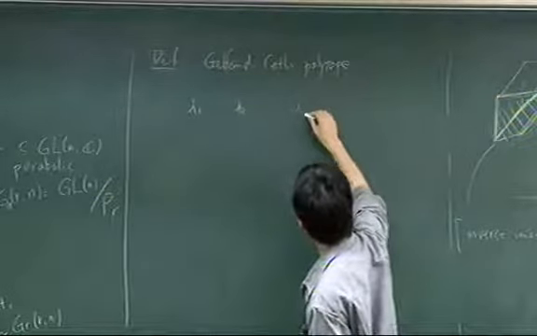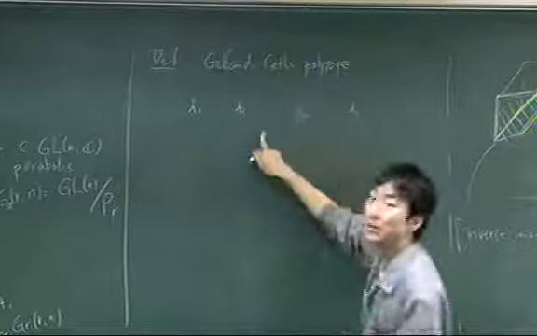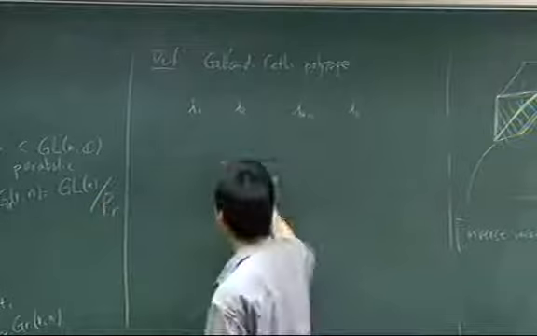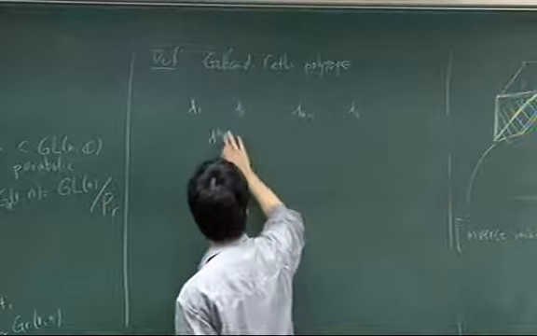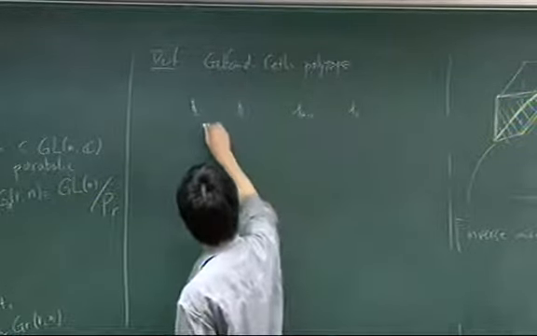So now we fix the data lambda 1 to lambda n. Then we consider the lambda k i functions. Then the image of the Gelfand-Cetlin system satisfies this condition.